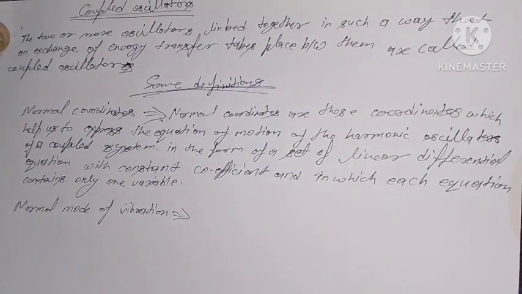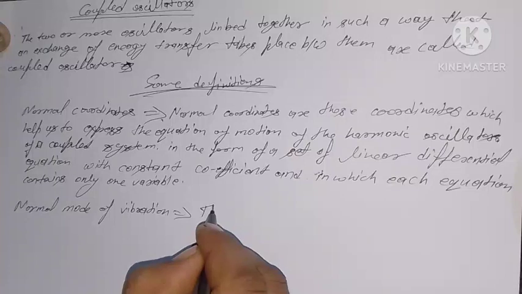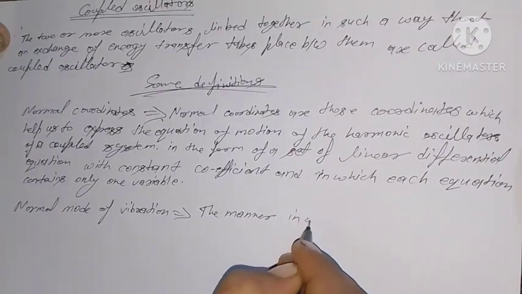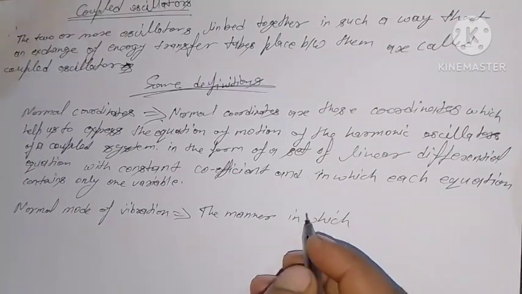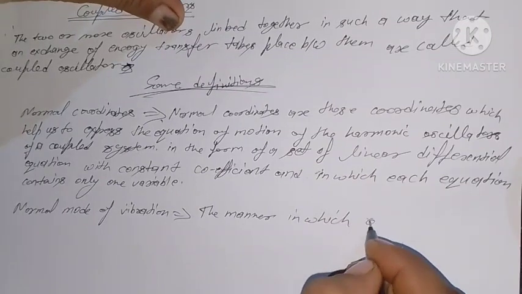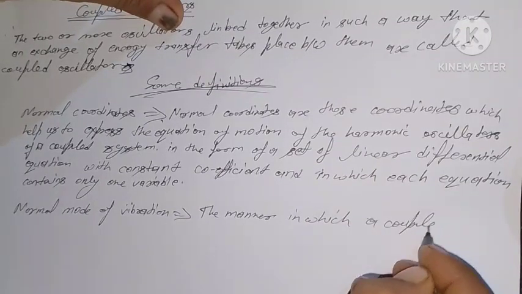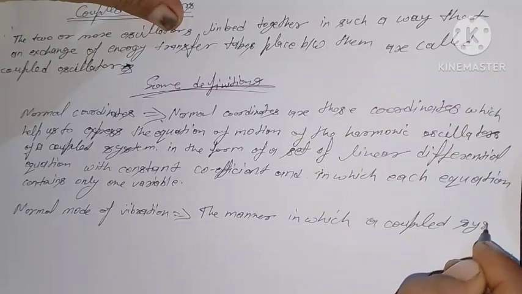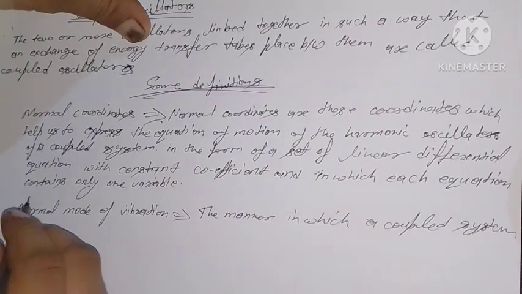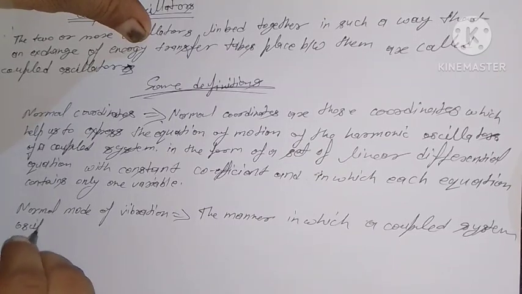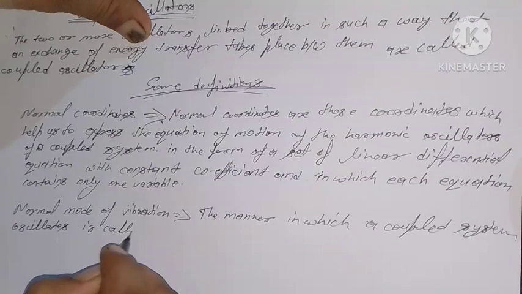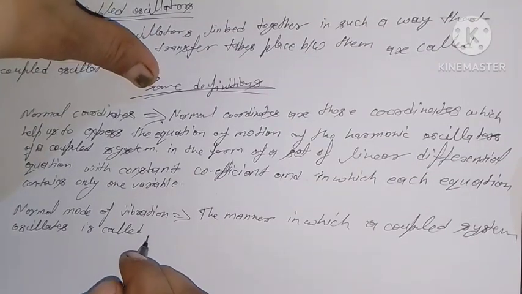The manner in which a coupled system oscillates is called a mode.